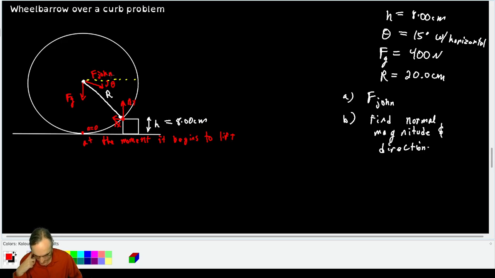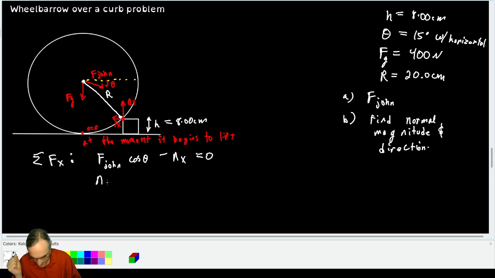All right. So let's do the easy part first. Sum of forces in x. Force of John cosine theta acts in the positive x, minus nx acts in the negative. That'll be 0.